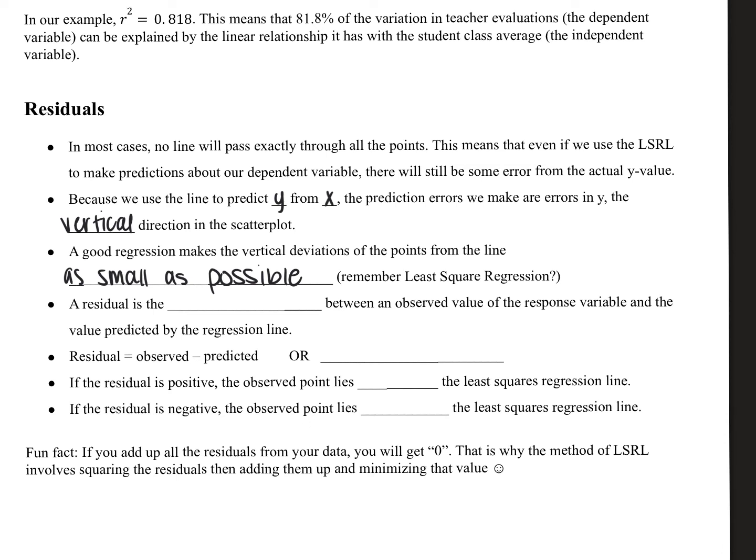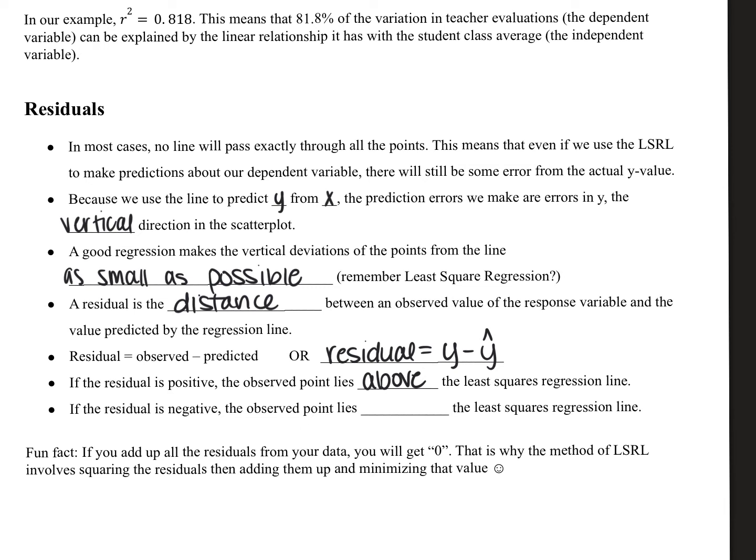So the residual is the distance between an observed value of the response variable and the value predicted by the regression line. So the formula for a residual equals observed minus predicted, or if we're going to look at it mathematically, it equals your actual y value minus y hat. So if the residual is positive, the observed point lies above the least squares regression line.